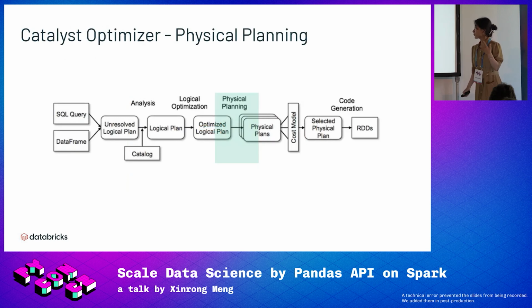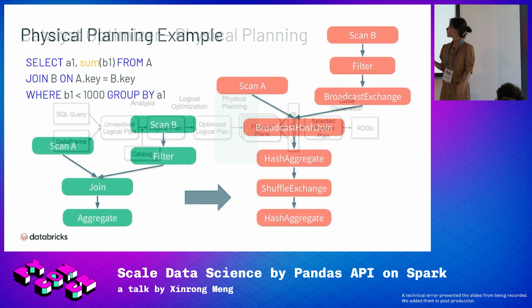Now let's move on to the physical planning stage. In this stage, we actually transform the optimized logical plans into actionable, executable physical plans with the best strategies. Let's walk through an example together.